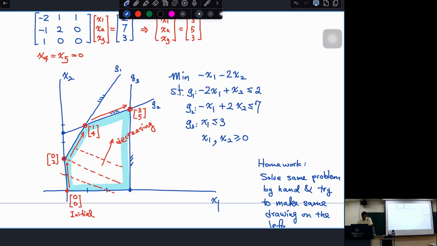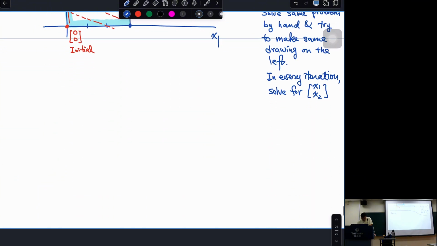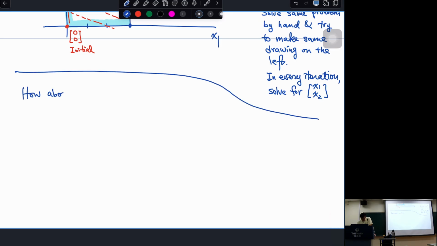Okay, so how about nonlinear problems? You can use first order Taylor expansion to linearize all the equations.